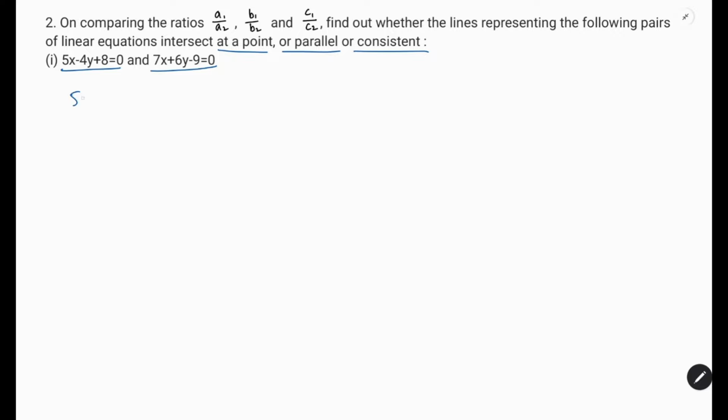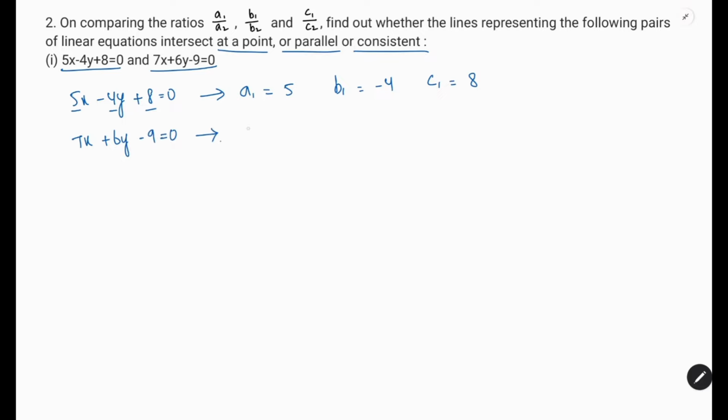From the first equation, 5x minus 4y plus 8 equal to 0, a1 is the coefficient of x, 5, and b1 is the coefficient of y, minus 4. c1 is the constant 8.